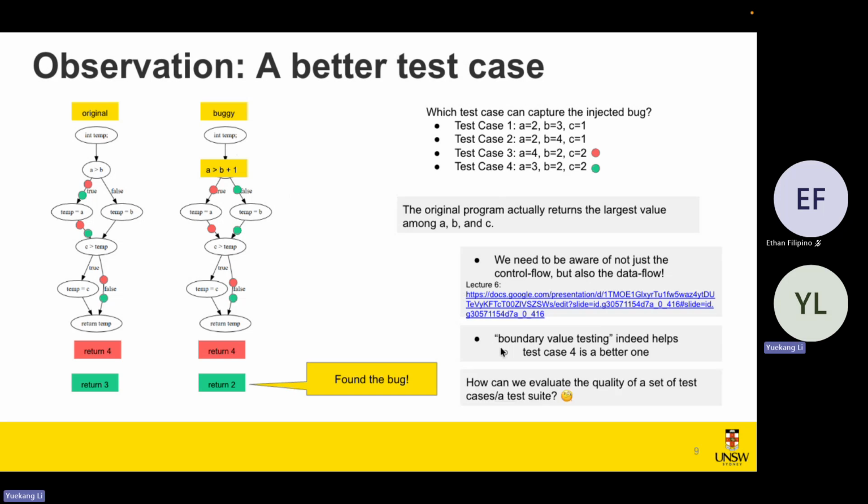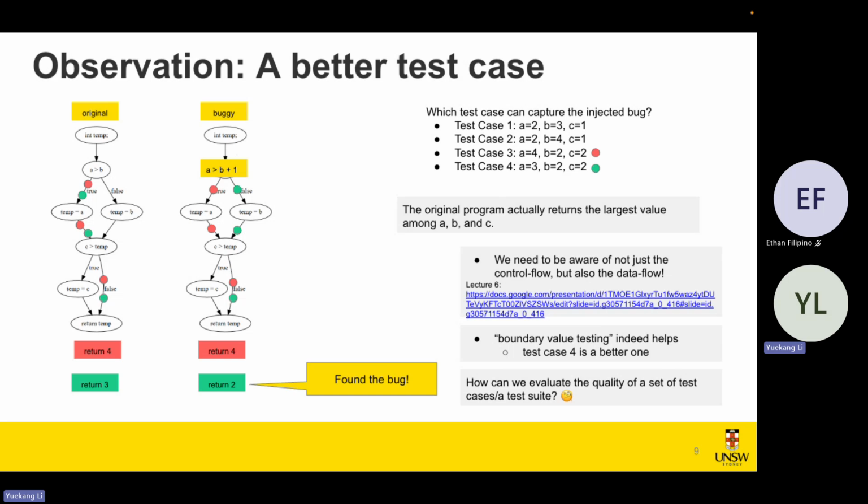Another thing we need to think about is that the original test suite is already good enough because it can achieve 100% path coverage. But it is still not perfect because it can still miss some bugs. And if we put test case 4 into our test suite, we can build a better test suite, right?